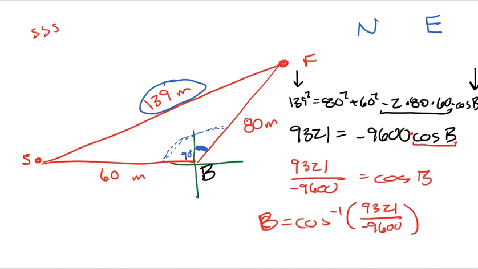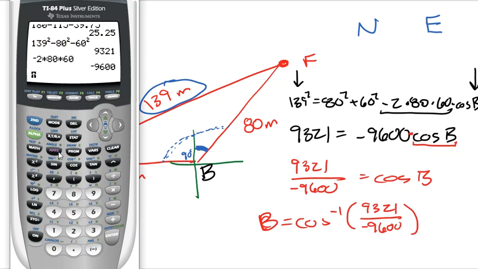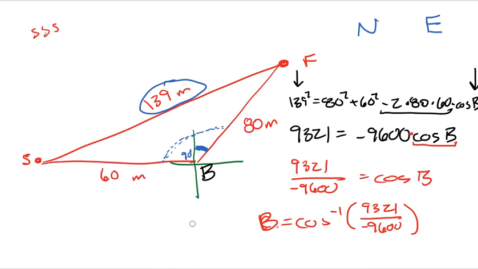I'm going to go right to my calculator, do an inverse cosine, 9,321 divided by -9,600. Close that parenthesis, and there's my angle, 166.15 degrees.